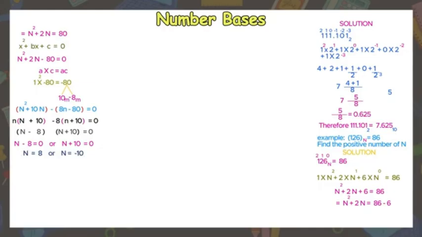Now look at what we have done here. Number bases cannot be in negative form, so we discard the negative and we pick the positive. Therefore, the final answer, because even the question says find the positive number, is n equal to 8. That's what we've done.